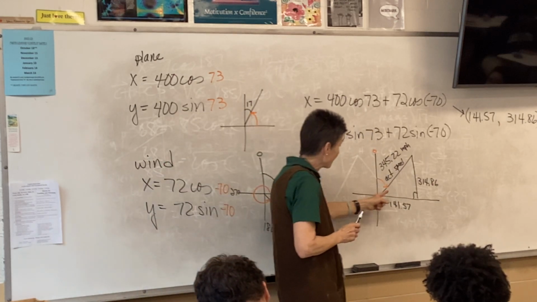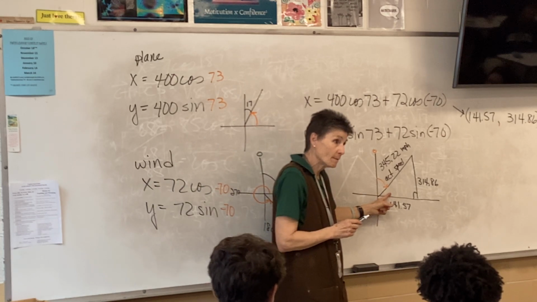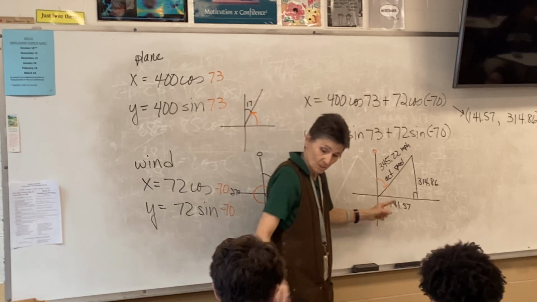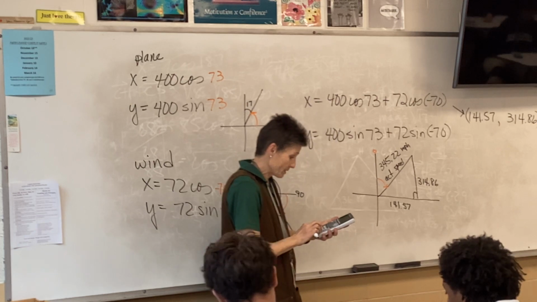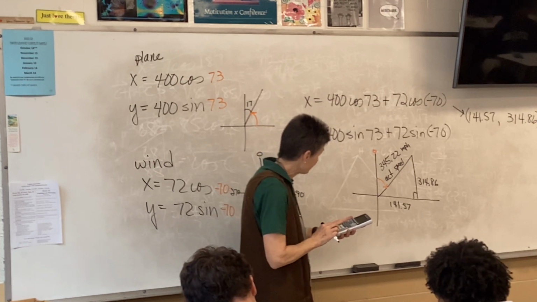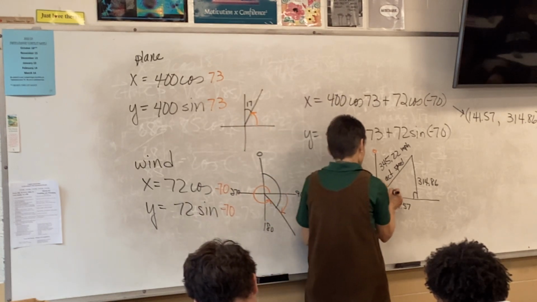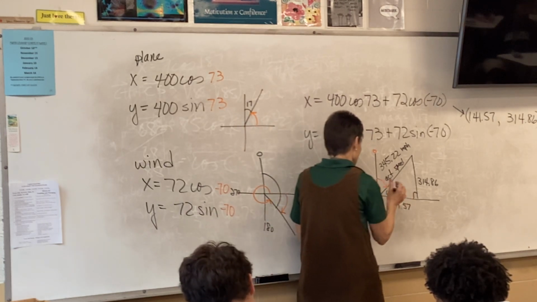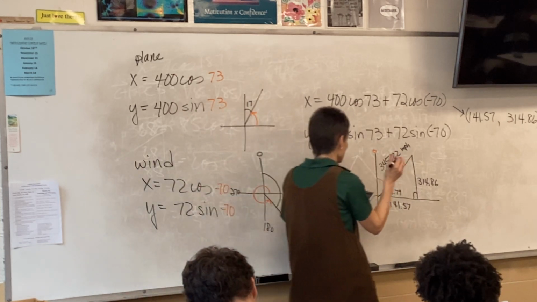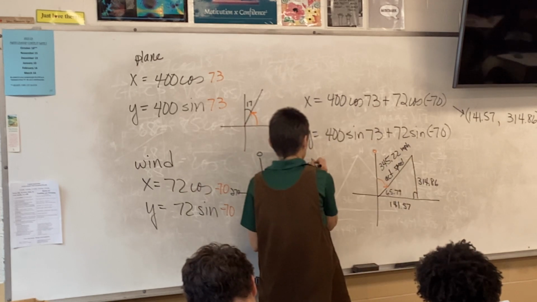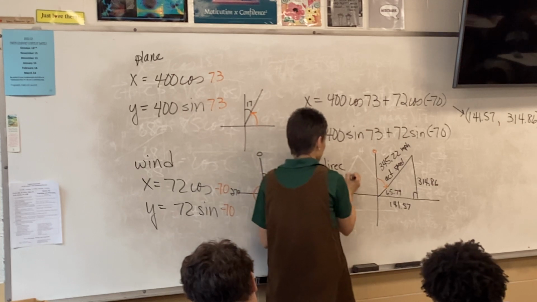But I can find that by finding this angle and subtracting from 90. So that's what I'll do. Inverse tangent, 314.86 divided by 141.57. So this angle right here is 65.79. So I'll subtract that from 90, and my actual direction is 24.21 degrees.